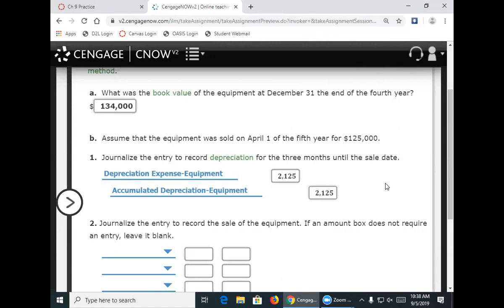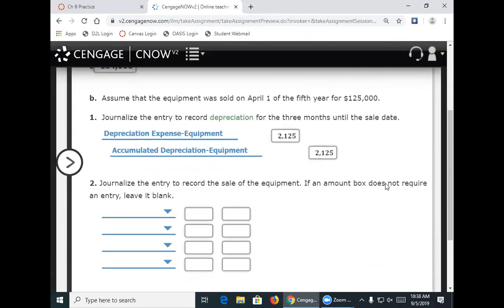Okay, so the last part is actually getting rid of the asset. We sold the asset. So in this case, again, we sold it for $125,000. So they gave us $125,000 in cash. We gave them the equipment. We have our book value as $131,875. Did we make money on the sale of this asset, if we sold it for $125,000?